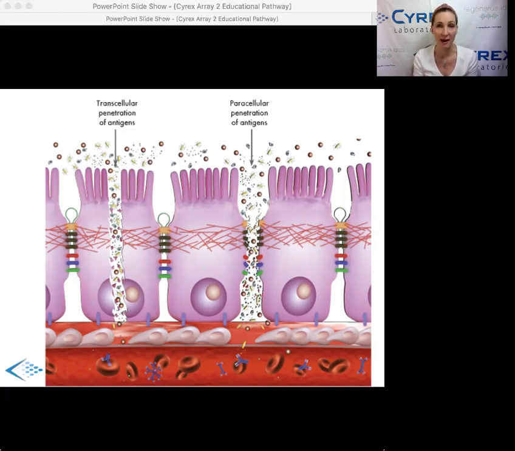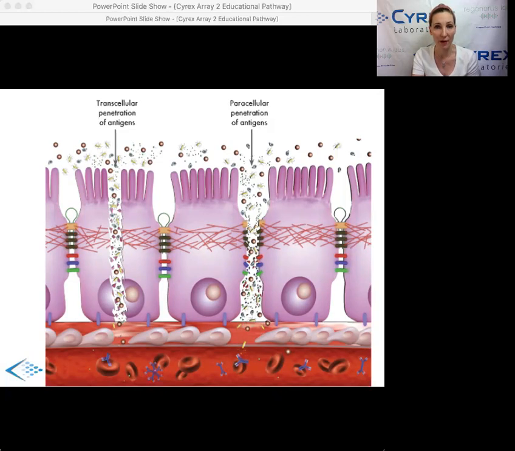It is what we think of when we think about intestinal permeability, where the tight junctions themselves have created space between the epithelial cells, and that allows for larger molecules and undigested food and bacterial debris and anything else that's found in the gut to cross between the cells and into the lamina propria there. So that's paracellular permeability.